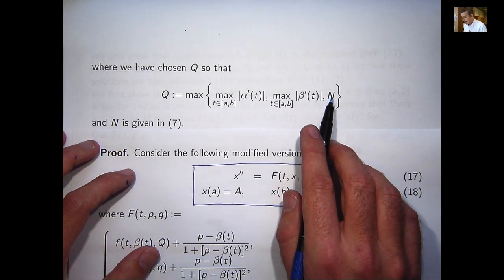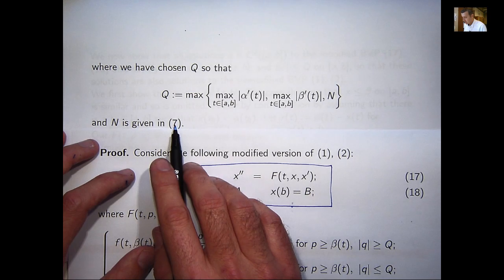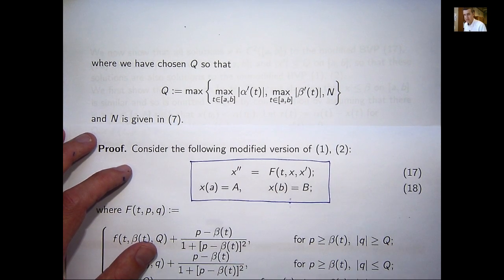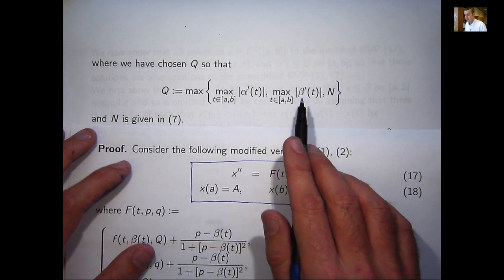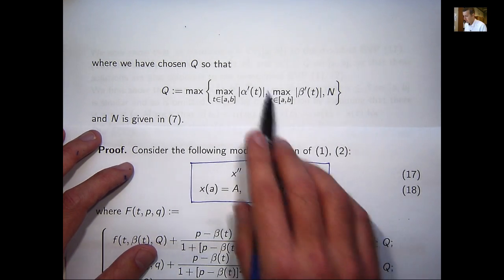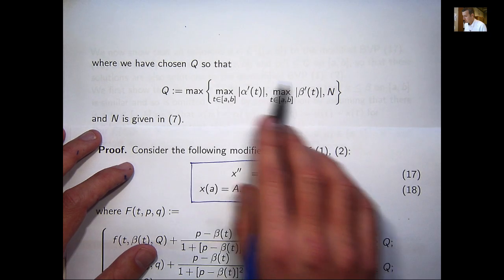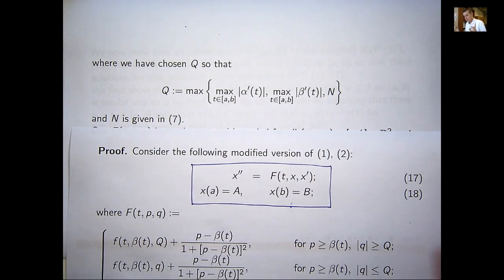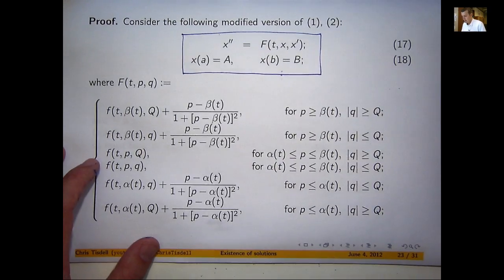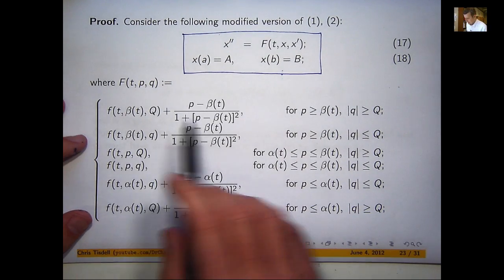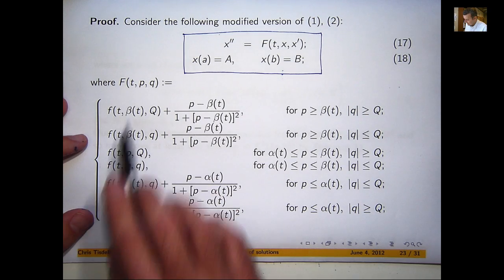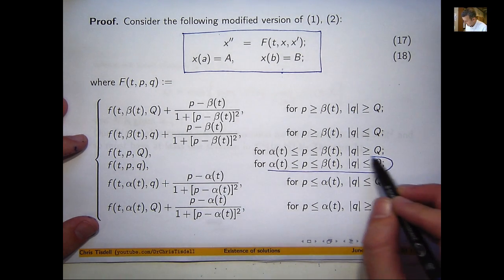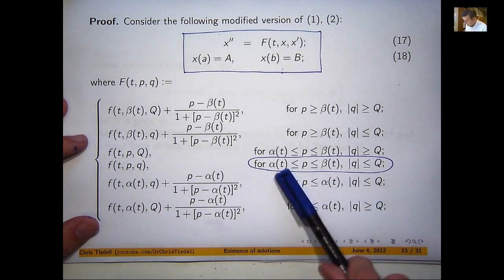So N is the constant given in 7. Given a C2 upper solution and lower solution, I can calculate these maximums and take the maximum of all three of these things and define it to be that Q. You can see here that big F and little f are actually the same function on this set here.